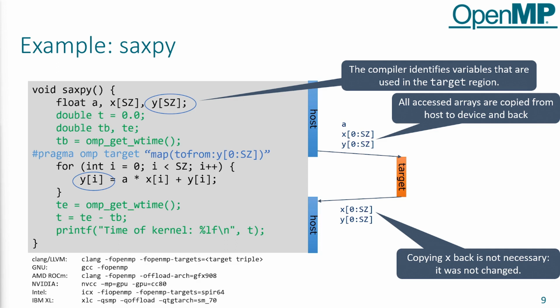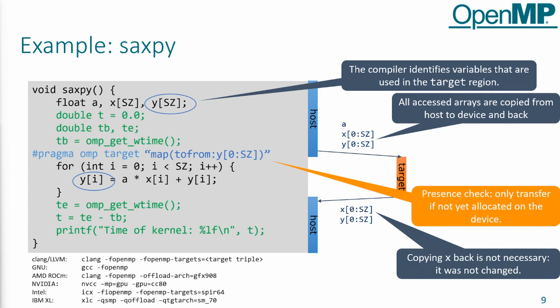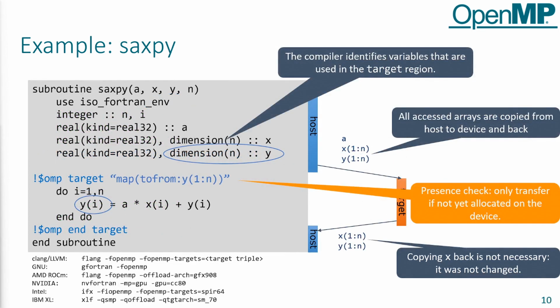Now, if you care more about Fortran, you will see this, right? So this is the same code, same idea. The compiler is required to move the data for the Y and the X array over from the host. It will find the definition of the data and the declaration of it, and will infer knowledge how much data it actually has to bring over from the host to the GPU. And Fortran is a little easier for the compiler to deal with, because here the compiler has more knowledge.